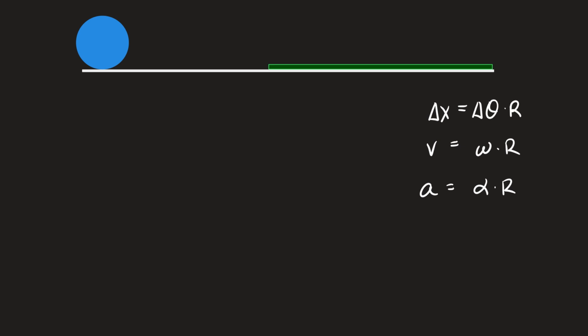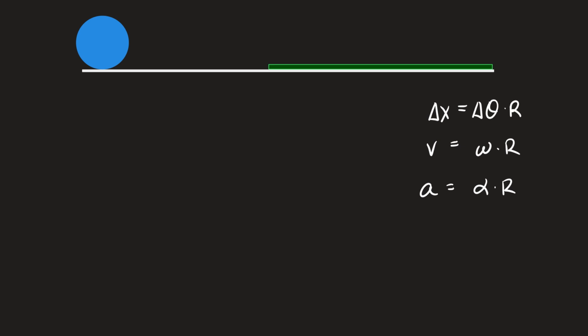If something is rolling, these ratios will have to be true. So you could prove to me something is rolling by showing me that an object's linear velocity and angular velocity are related by the radius. Right, that's what this says.